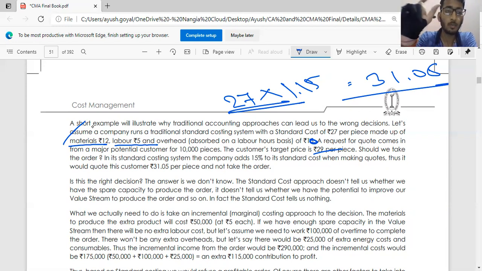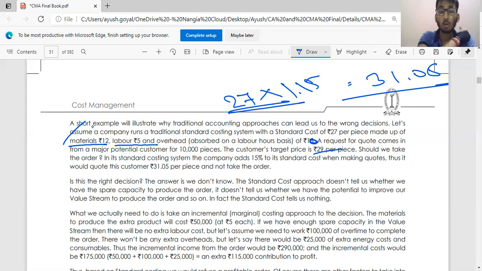So for the normal case, we are allocating 3 rupees per unit.